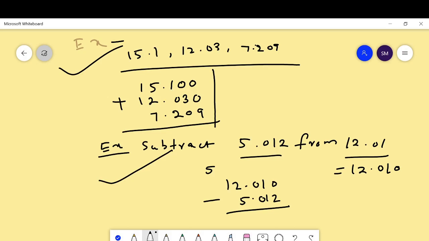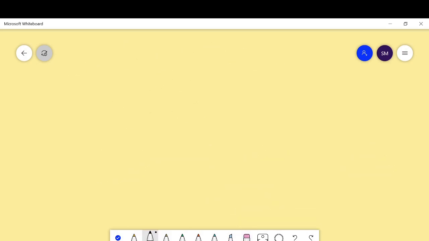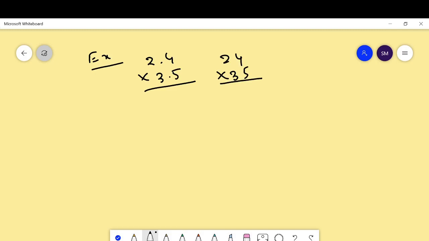Then you know this is addition, this is subtraction. Then next, think about multiplication. When we multiply decimal numbers, multiply them as simple multiplication, then put the decimal. Suppose you multiply 2.4 into 3.5. Multiply just simply as you multiply 24 into 35. Then put the decimal point by counting how many numbers are after the decimals. Here there are 1 and 2.